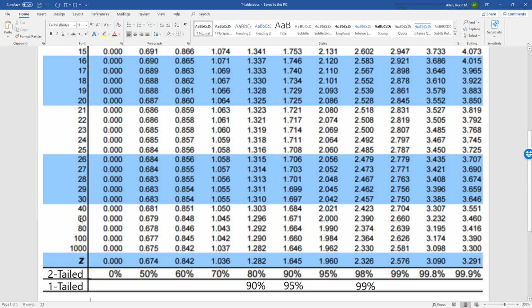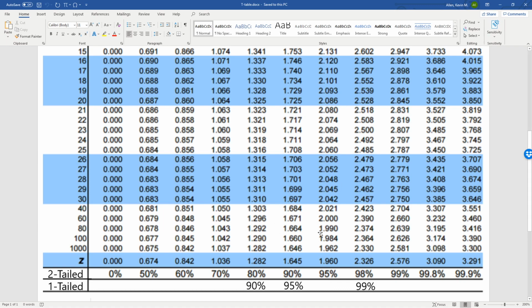We have 60 degrees of freedom, so we're on this row. And we're going to come over, 90% confidence is 10% significance. Those two things are equivalent statements. So 90% confidence, 60, 1.671, and then 95% two-tailed was 2, 99% was 2.66.